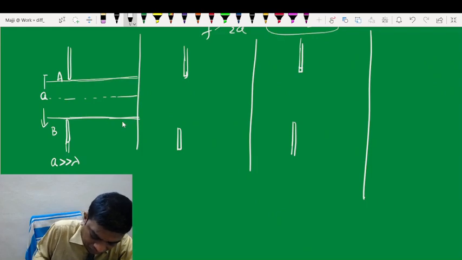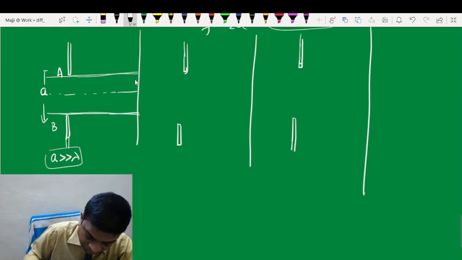And most probably you cannot see any diffraction fringes here. So you can write here: no diffraction fringes.